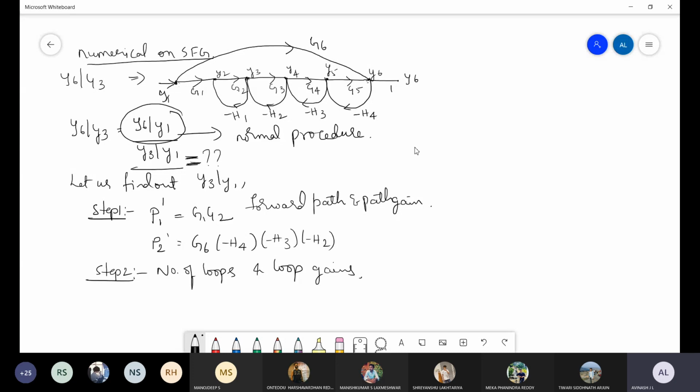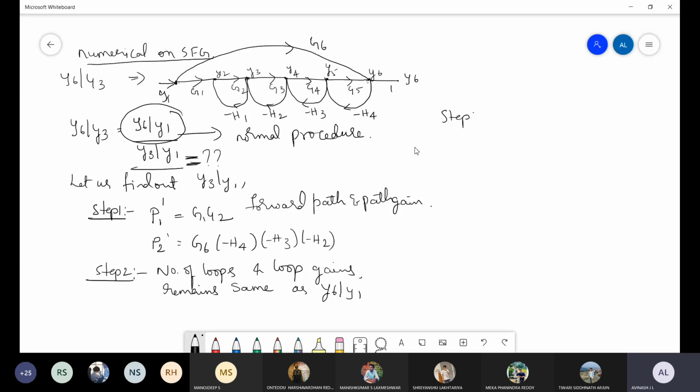Because this number of loops and loop gains are corresponding to the entire signal flow graph. Isn't it so? So here you can say that number of loops and loop gains remains same as y6 by y1.